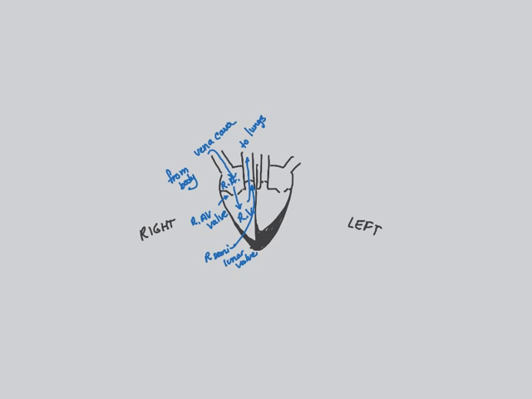So here we go. This is going to be from lungs down into the left atrium, then into the left ventricle, through the left atrioventricular valve, up through the left semilunar valves. I'm not going to label those, I just don't have enough room.